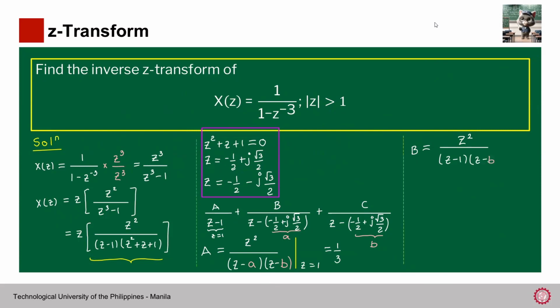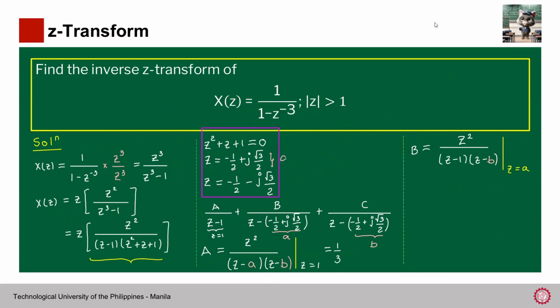And then you will evaluate this. So value ng Z equals, ano bang denominator nung second partial fraction natin? Yung denominator niya ay Z minus A. So pag inequate natin sa 0 yon, Z is equal sa lowercase letter A. Again, I will reiterate this one.